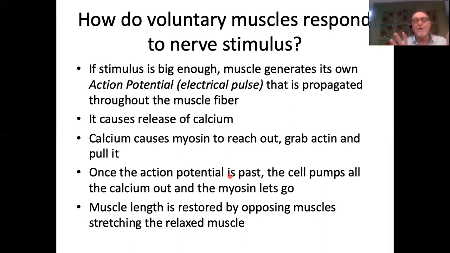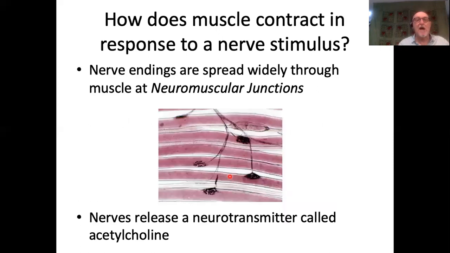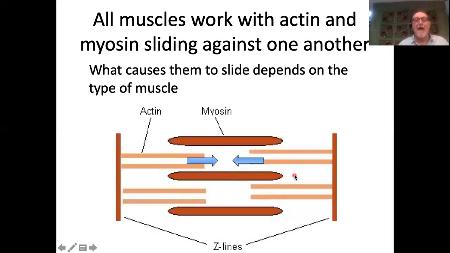It briefly releases calcium, and then begins pumping it back into the sarcoplasmic reticulum. That calcium that is released is what causes the myosin to reach out. As the cell gets flooded with calcium, that is what causes the myosin to reach out and grab the actin and slide it together.